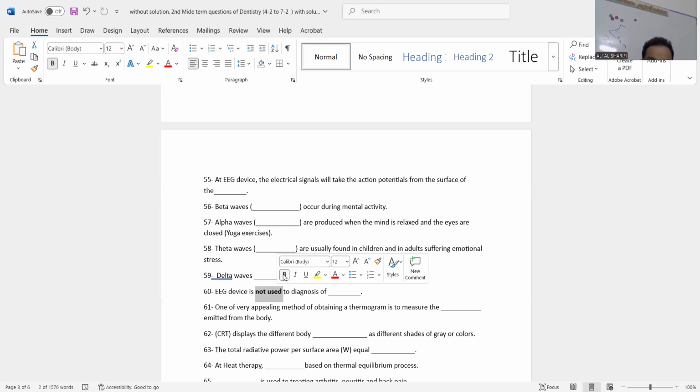CRT displays the different body temperatures as different shades of gray or colors. The total radiation power equals what? At heat therapy, blank is based on the thermal equilibrium process.